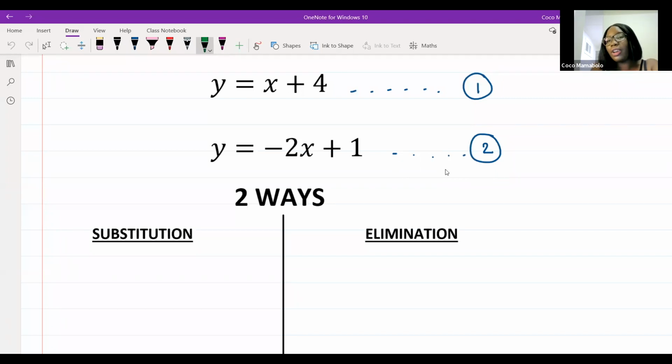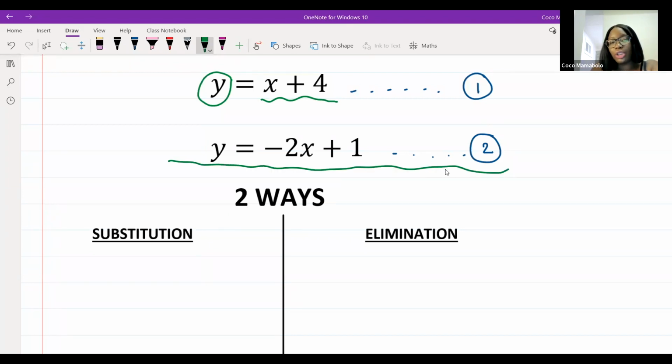I'm going to look at equation 1, and I'm going to notice that here there's a y, and this y is actually equal to x plus 4. Then I look at equation 2, and wherever I see y, I'm going to replace y with the answer for y.